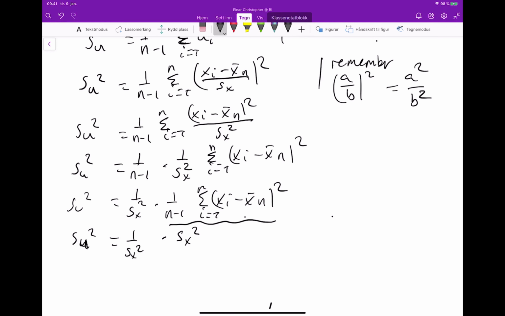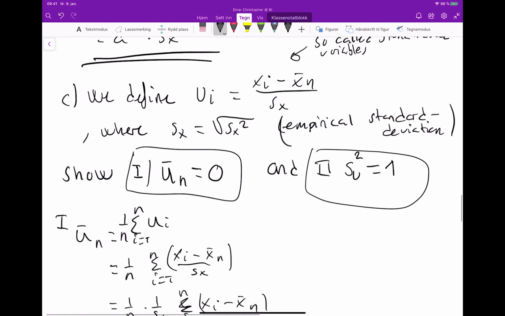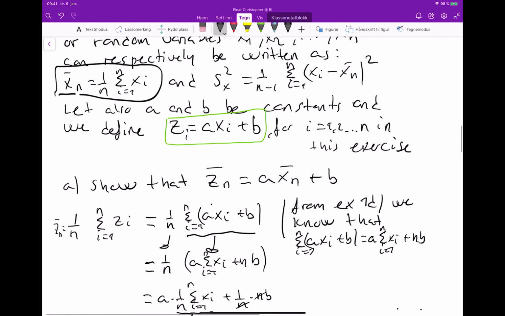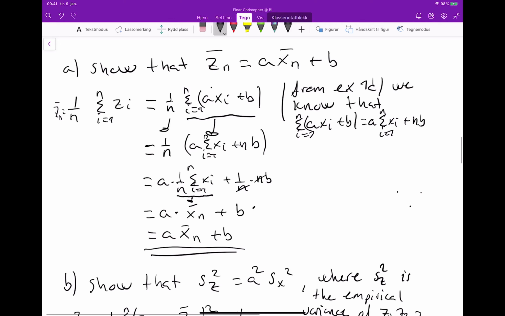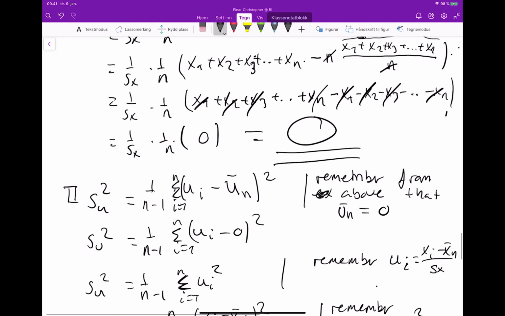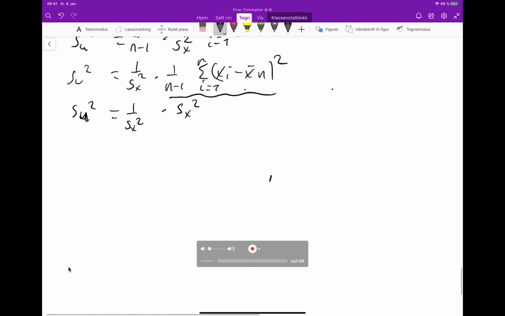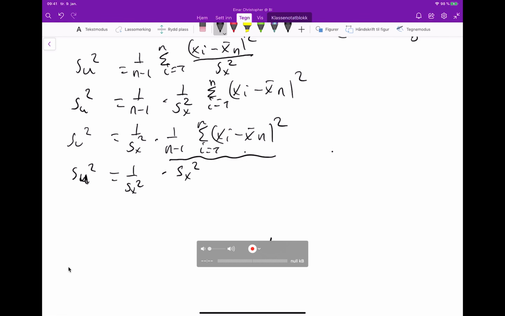This formula stands in the start of the text of exercise 2. We can go all the way up and see it. Here we have the formula for the empirical variance of the x's, and this formula is just what we got down here: 1 divided by n minus 1, the sum over the xi's minus the x bar n in the power of 2.